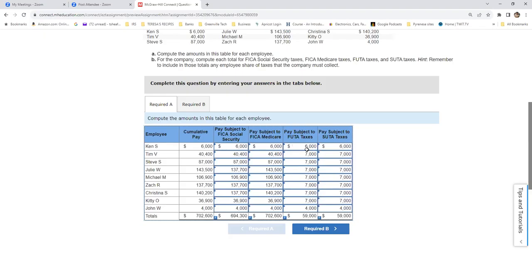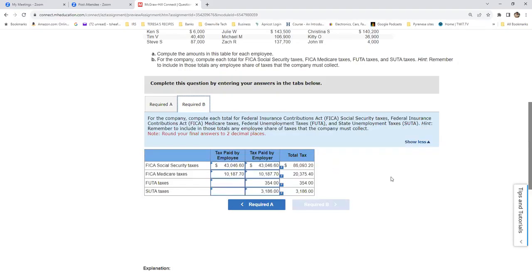Then we have the pay subject to FUTA, which you see here, and remember it capped at 7, same thing for SUTA, okay? Under requirement B, here you're going to have to calculate, looks like payroll taxes. So you're going to take the total tax paid by the employee, all right?